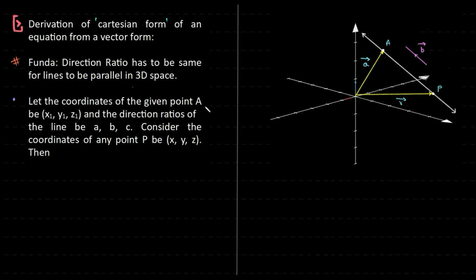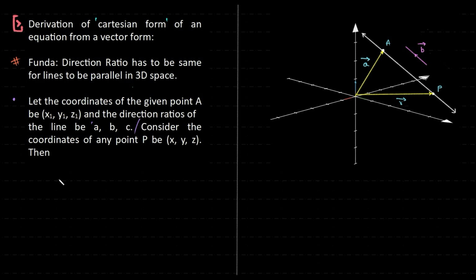Let's consider a point A on the line, which is x1, y1, z1, and having direction ratios of a, b, c. Now let's consider the coordinates of a random point P as x, y, z.